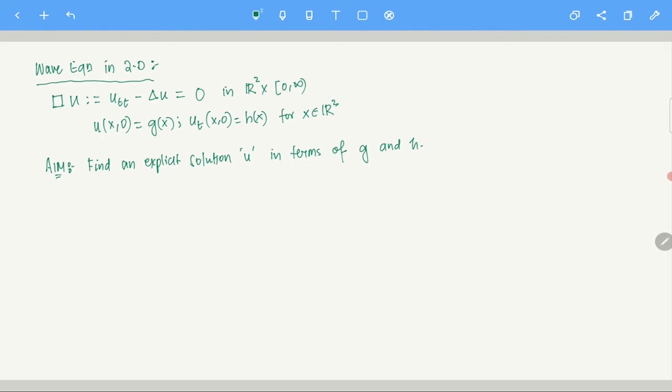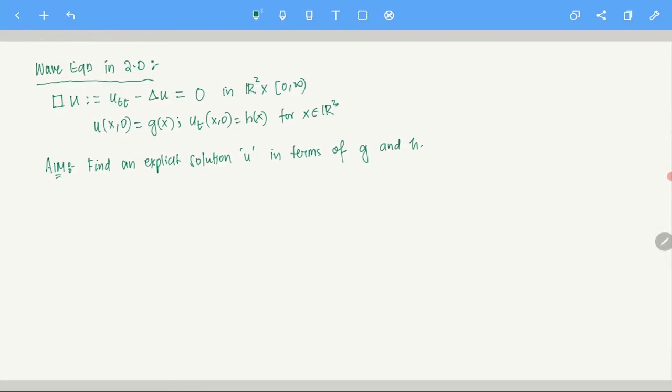Now if you remember, in the three-dimensional case we defined u by a spherical mean, and then we defined the function r times u and so on. After that we deduced Kirchhoff's formula, right? But here we are not going to do something like that because it won't work here.